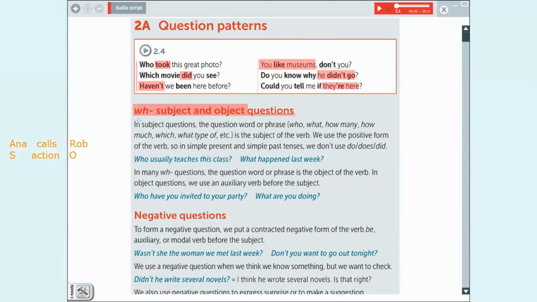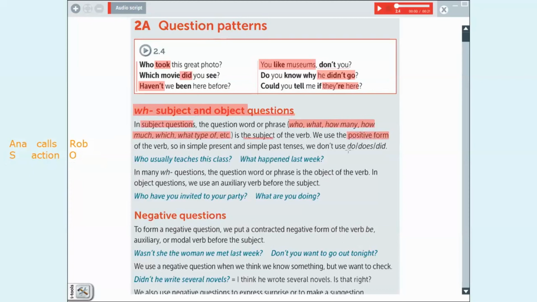Subject questions have the characteristic that you use the WH in order to replace the missing information. The WH is the subject of the verb. We use the positive form of the verb. That means that we don't use any auxiliary.